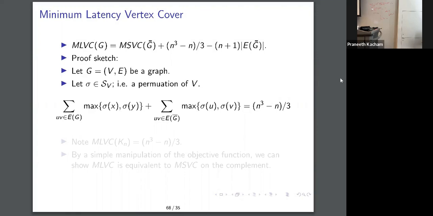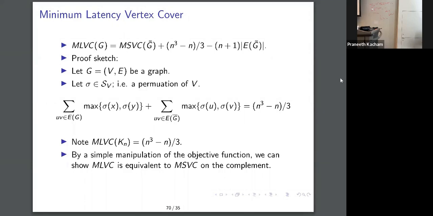So if you look at the complement graph, the sum over the minimums and maximums is clearly calculable, because all indices are contributing to the objective. Because the value is, for example, the minimum latency vertex cover of the complete graph.